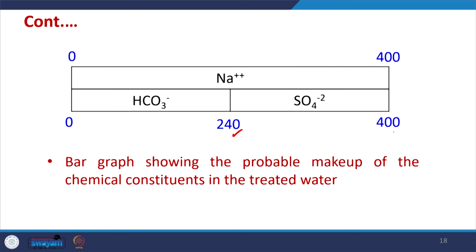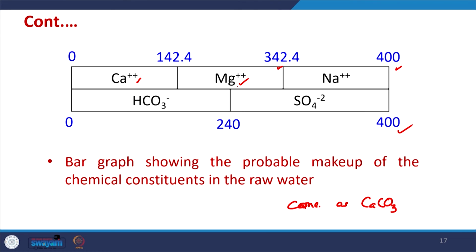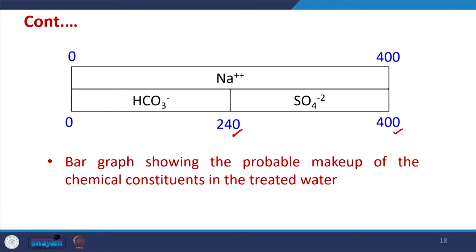So, we will still be having 400 milligram per liter as CaCO3, and every calcium and magnesium will get removed, but sodium will increase, because sodium will come out from the resin itself. So, thus we have more sodium, and this will be the bar graph after the treatment. So, we have performed calculation and found out the chemical constituents in the treated water.